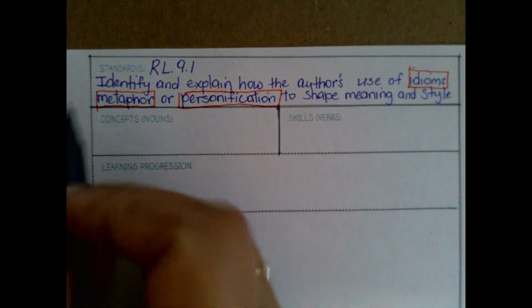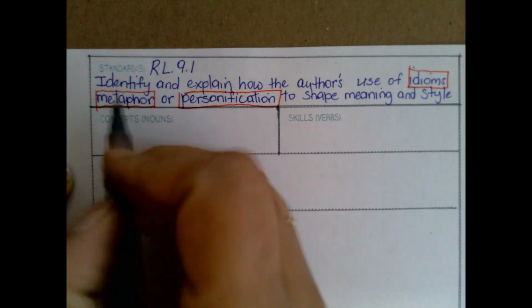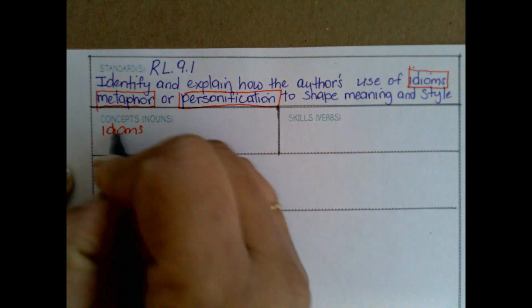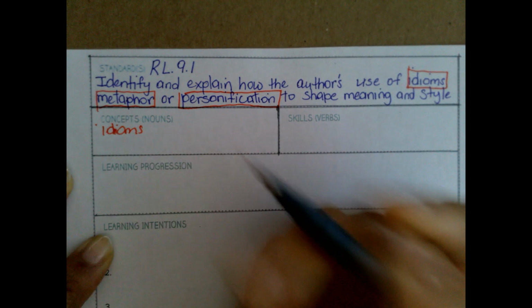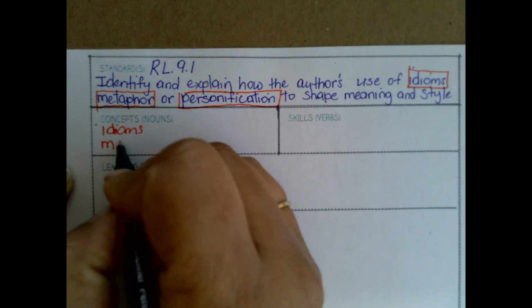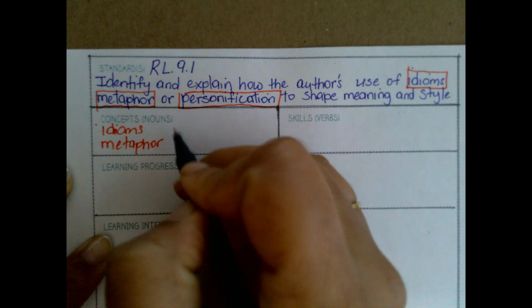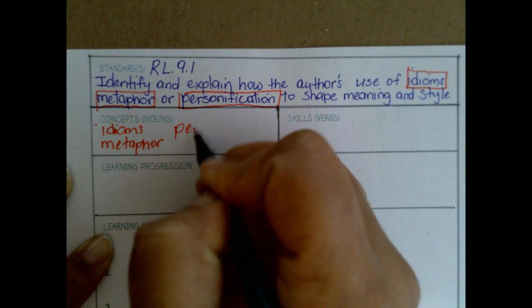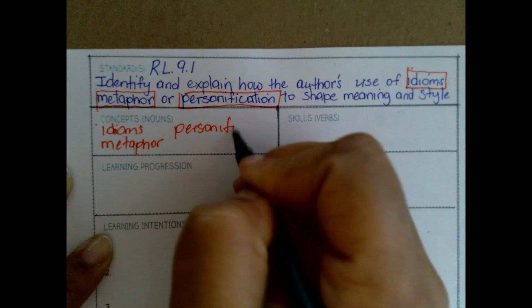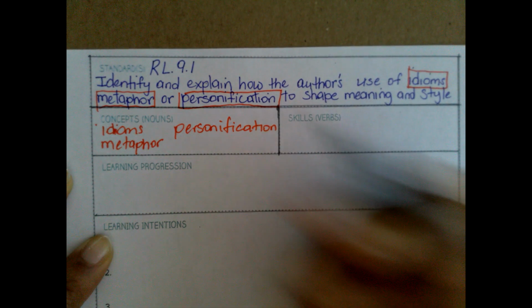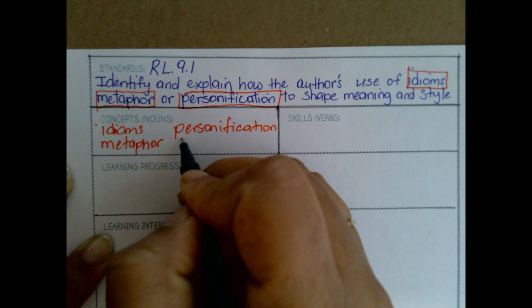So under nouns that we need to clarify, we could list idioms, metaphor, personification, and of course, more generally, figurative language.